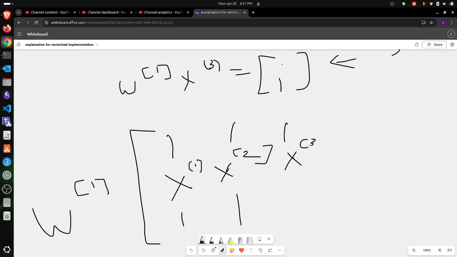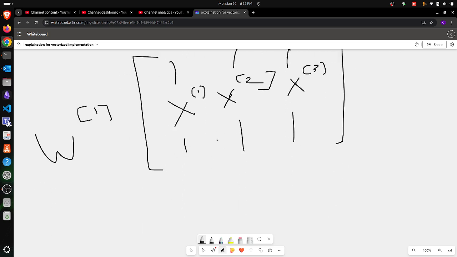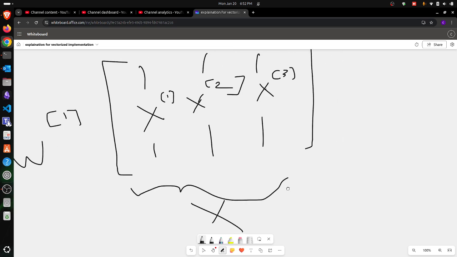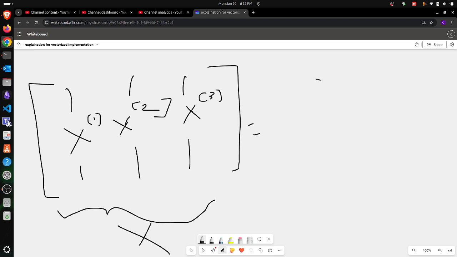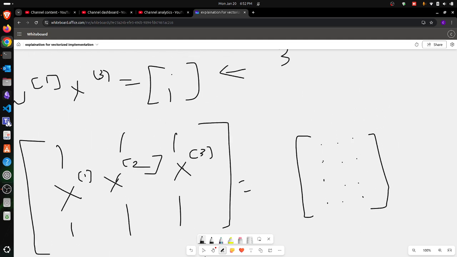I hope you guys are following with me. We are talking about the examples, right? So these are x, and we're going to have a matrix with 3 column vectors: 1 will be here, 2 will be here, and 3 will be here.